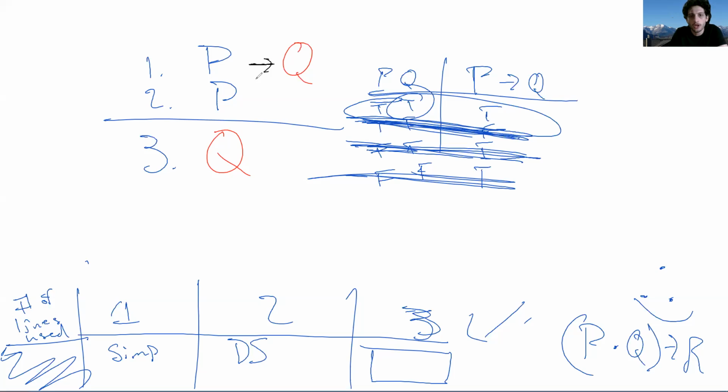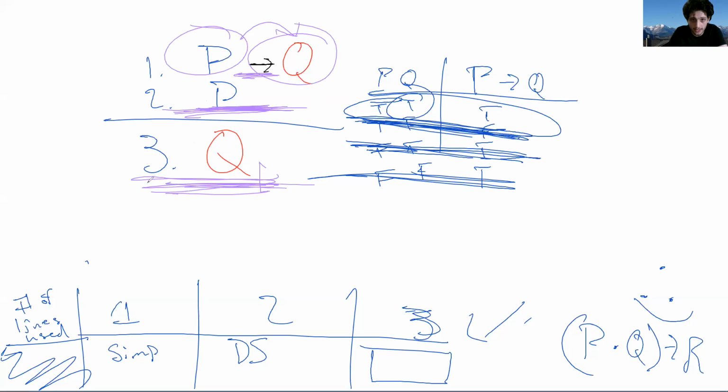You have this main operator, and it's saying, if the left side is true, then I'll give you the right side. That's all premise 1 says. And then premise 2 says, hey, look at that, I've got the left side for you right here. So the point of this rule is, okay, there you go, you get the right side. Premise 1 told you the left side gives you the right side. Premise 2 says you do, in fact, have the left side.